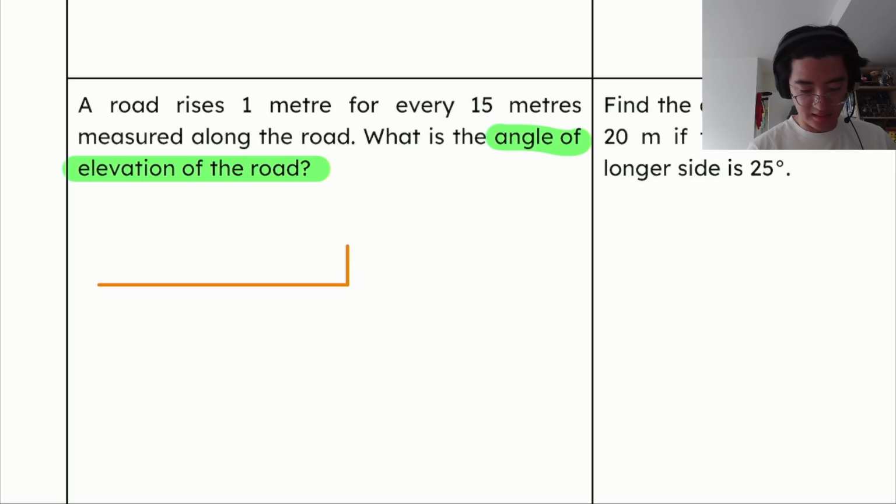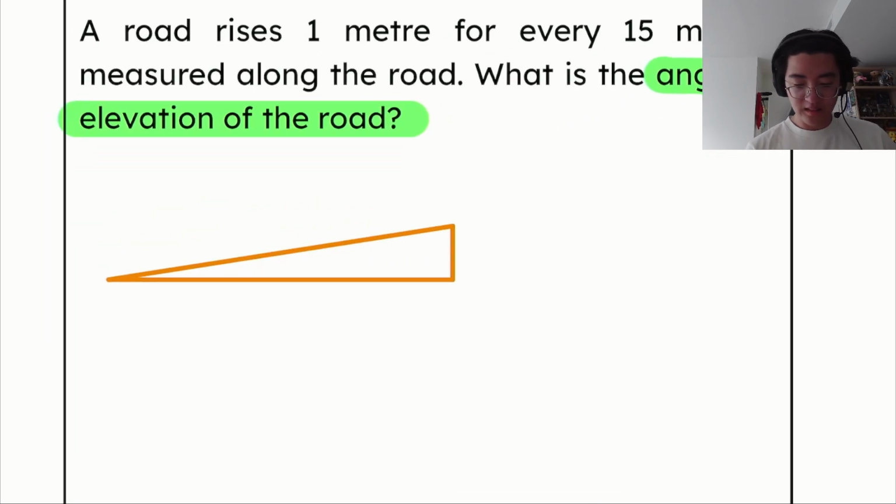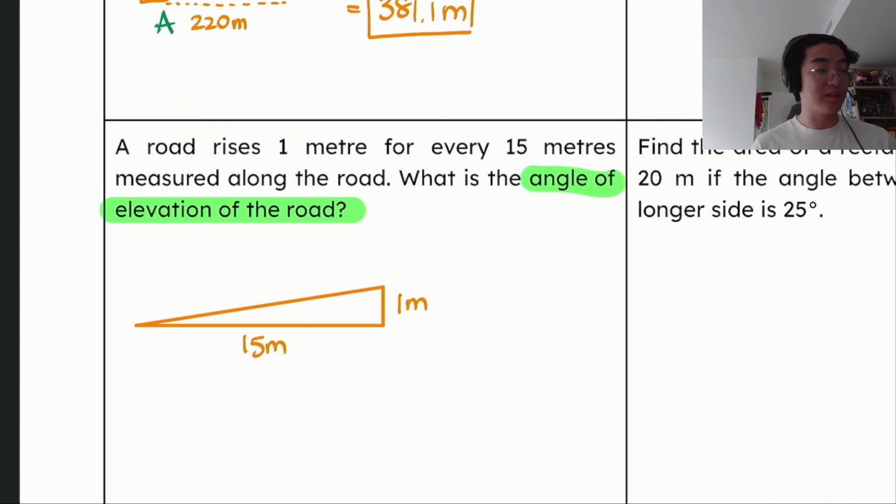And that is our triangle. So for every 15 meters along here, we go up by 1 meter. This is what it will look like.